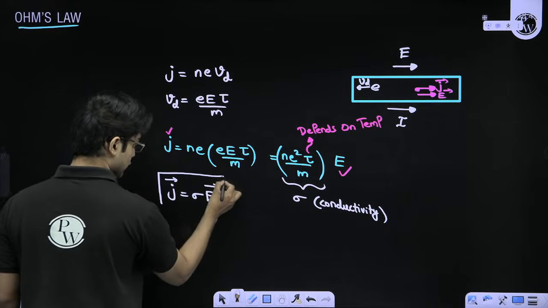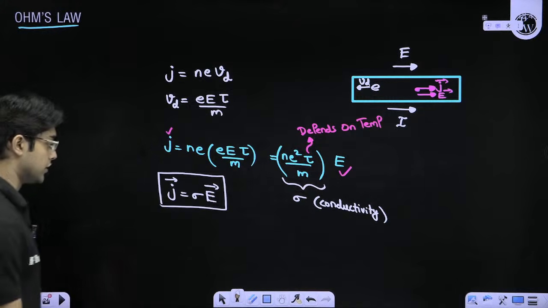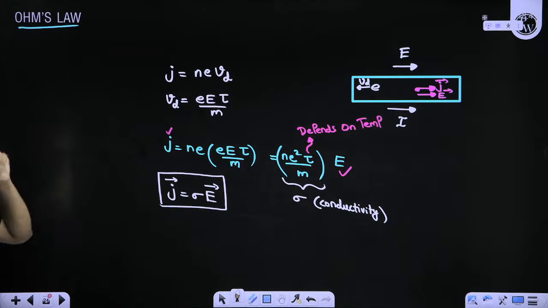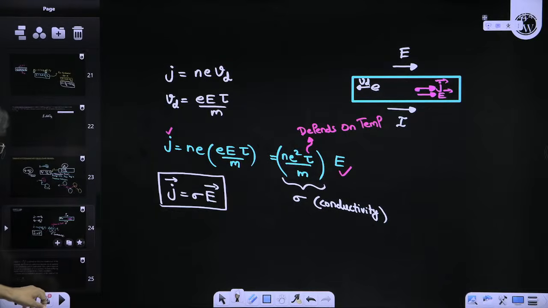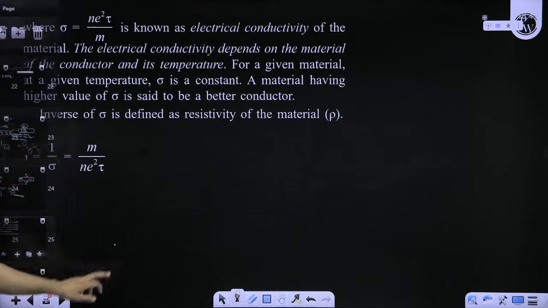J and E actually have the same direction. So this is also one form of Ohm's law itself.